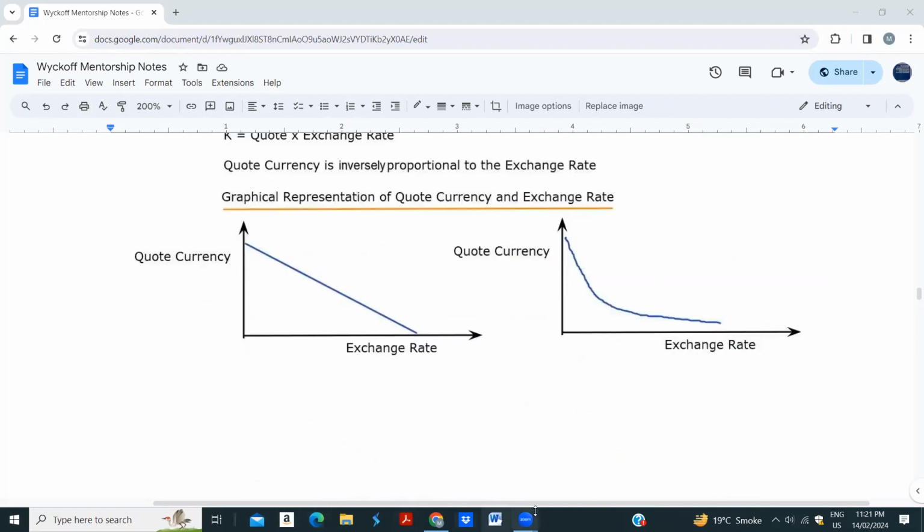We can see that when the value of the quote currency increases, then the value of the exchange rate decreases. And when the value of the quote currency decreases, then the exchange rate increases. This is an inverse proportion relationship. Okay, it's very simple.